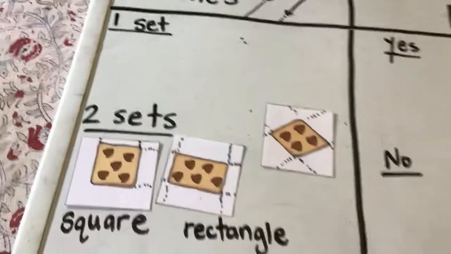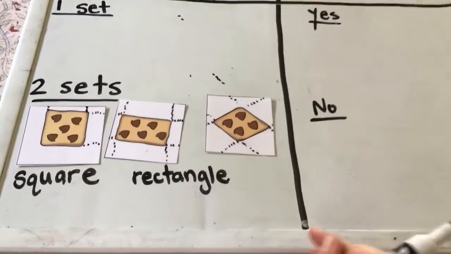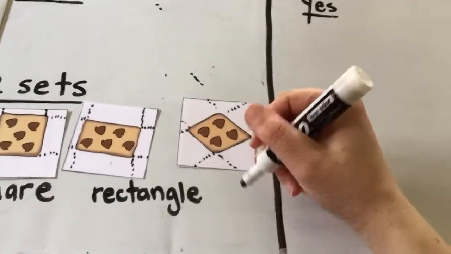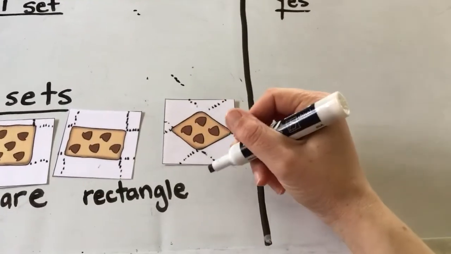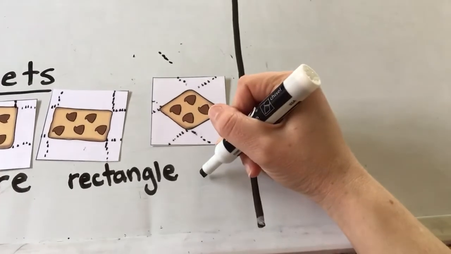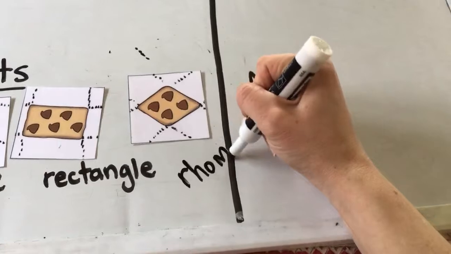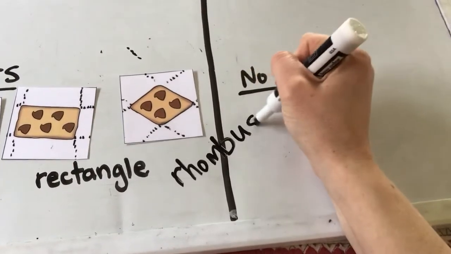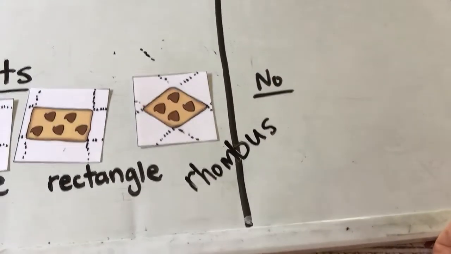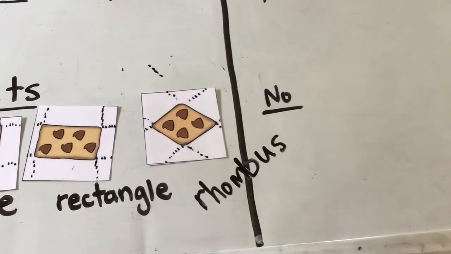So I'm going to sort it over here, two sets of parallel lines, and I'm going to write rhombus. Now I'm kind of running out of room, so I'm going to write it on an angle here, R-H-O-M-B-U-S, spells rhombus. Thanks for bearing with me as I figure this out.